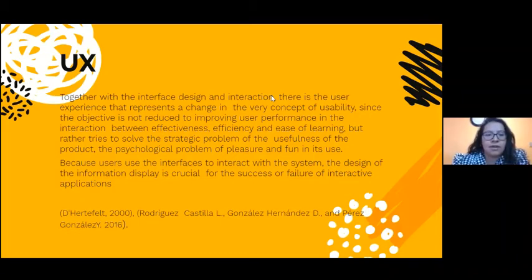UX is another topic. Together with the interface design and interaction, there is the user experience, which represents a change in the very concept of usability.